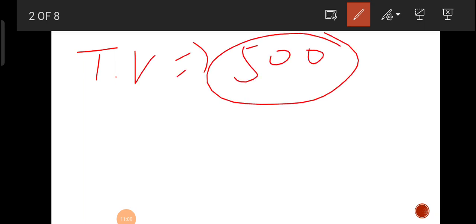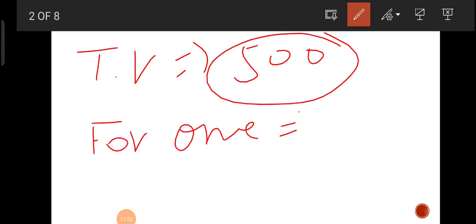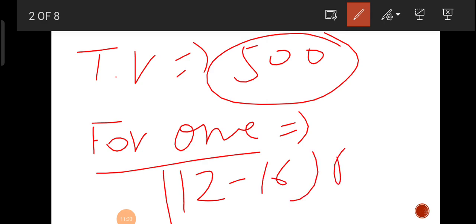Here, another question is generally asked. Suppose you have an idea that the tidal volume is about 500 ml, then you have to find out the total amount of air which we are taking in 1 minute. For 1 minute, according to the NCERT, it is 12 to 16 breaths per minute.